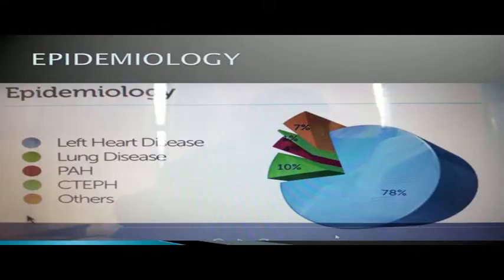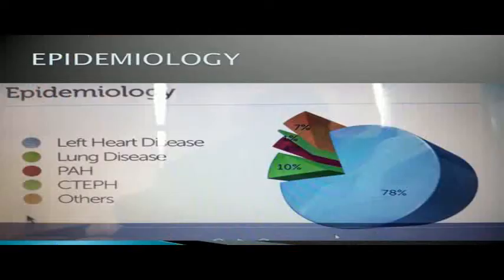The epidemiology of pulmonary hypertension: 78% of the causes of pulmonary hypertension is due to problems of the left side. Could be valve problems, malfunction of the left ventricle, the dilatation of the chambers causing high pressures on the left side, which causes a backup or a backflow to the pulmonary circulation and translated to the right side of the heart, causing pulmonary hypertension.